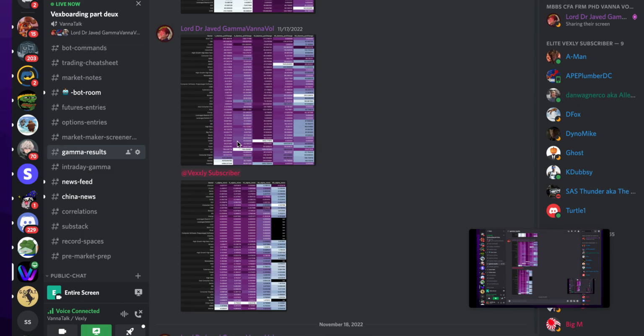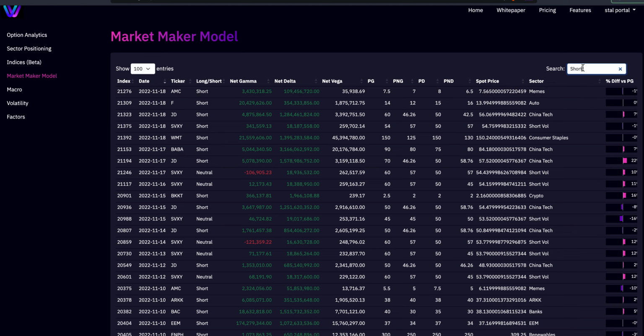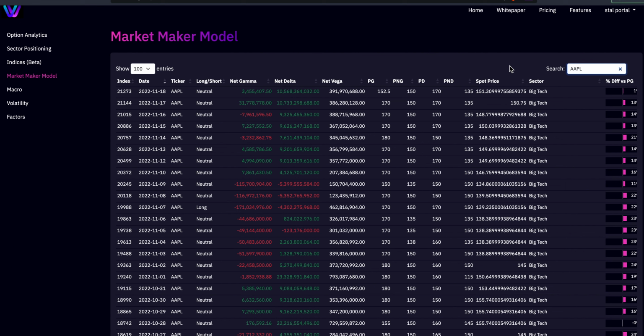Just quickly, another one to go through. If we look at Apple as one over here on the market maker model, let's say we looked at all the sectors and were trying to figure out what we want to take a look at.